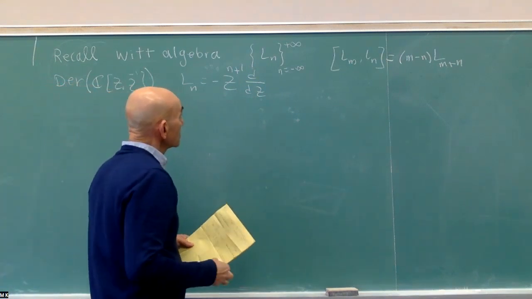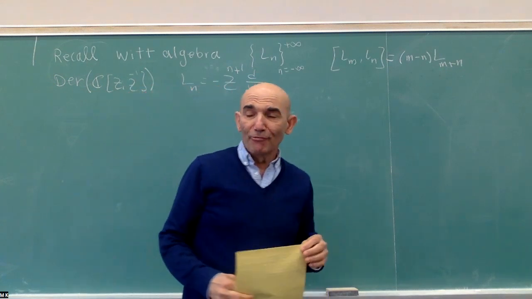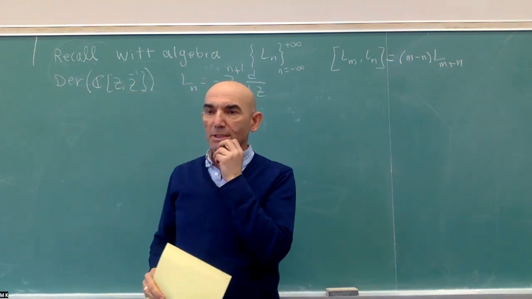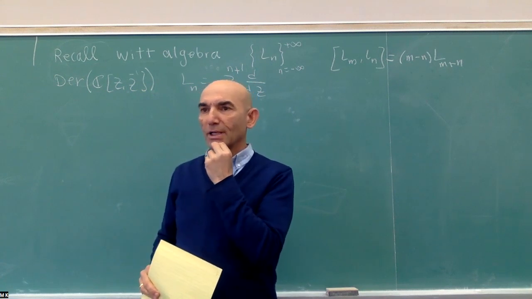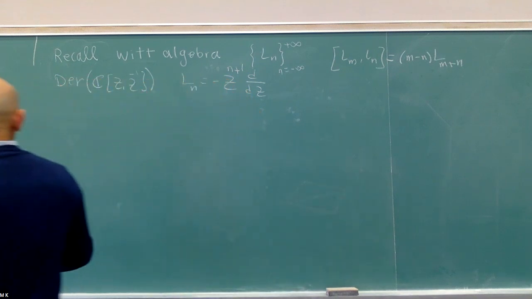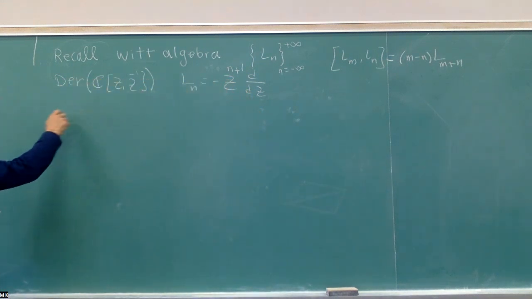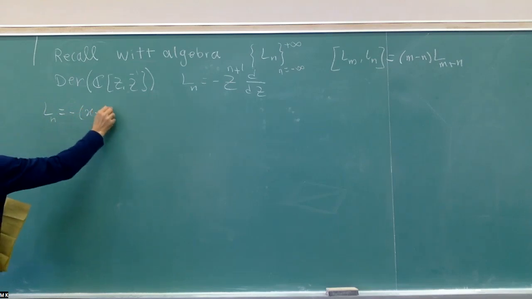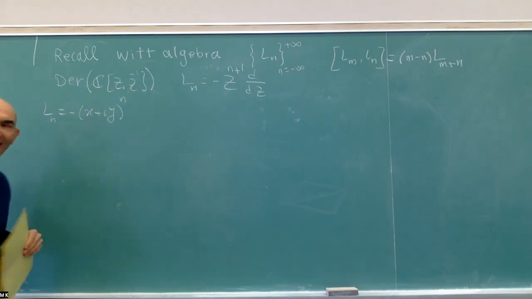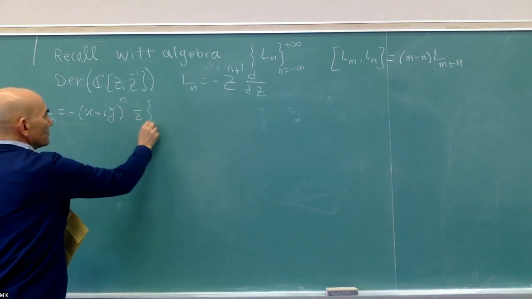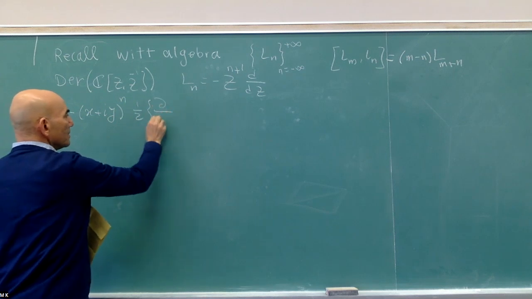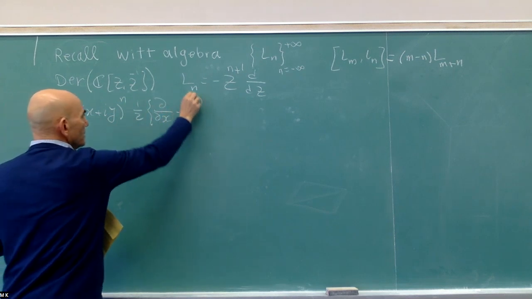By the way, it's kind of fun actually. If you want to play with these things, you can just draw these vector fields for fun in the plane. What you have to do is write Ln equal to minus (x plus iy) to the power n, and d/dz, of course, is 1/2 (d/dx minus i d/dy).